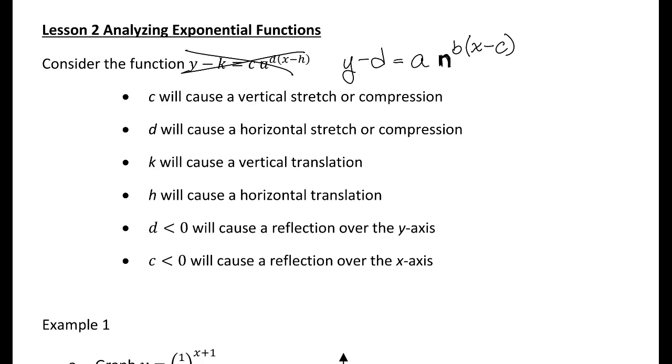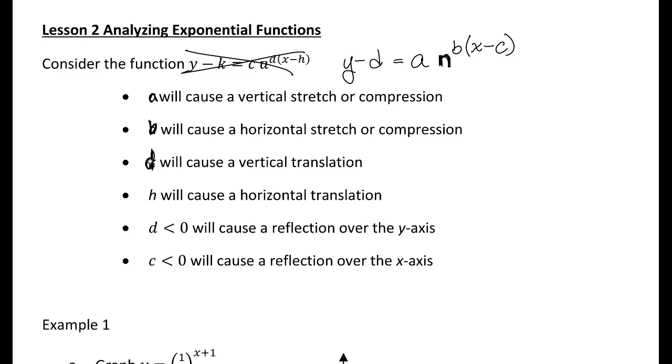And so in terms of changing these, it's a that causes our vertical stretch or compression. b, just like before, causes our horizontal stretch and compression. d is our vertical translation, and you'll remember that we actually wrote it over here as plus d. Either notation is totally fine with me. You'll just see it more often on this side in this particular case.